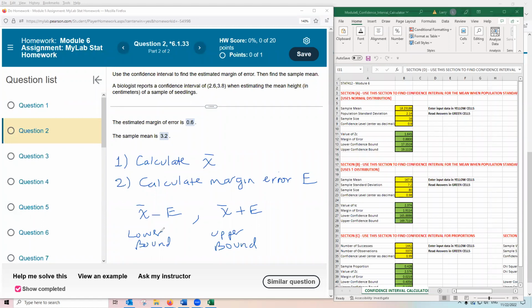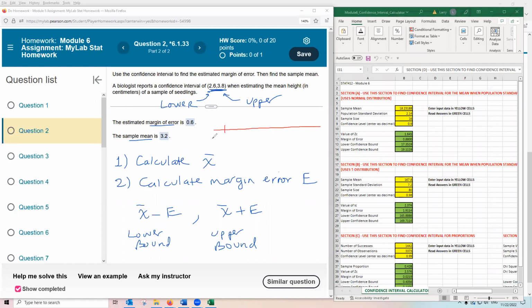All right, well, what this problem is asking you is imagine you have this confidence interval from 2.6 to 3.8. 2.6 is the lower bound, 3.8 is the upper bound. What is the margin of error and what is the sample mean? Well, one way to think about this is visualize it on a number line.